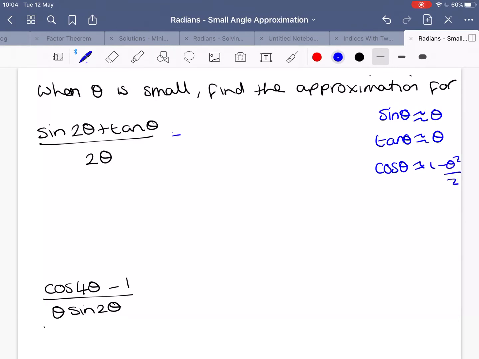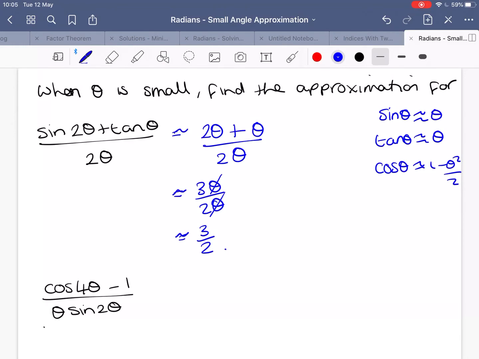So sine 2 theta is going to approximately be 2 theta. Tan theta is approximately theta, divided by my 2 theta. So guess what? I've got 3 theta over 2 theta. So when I cancel it out, sorry, I should put my approximately in, so sine 2 theta plus tan theta all over 2 theta is going to be approximately 3 over 2.